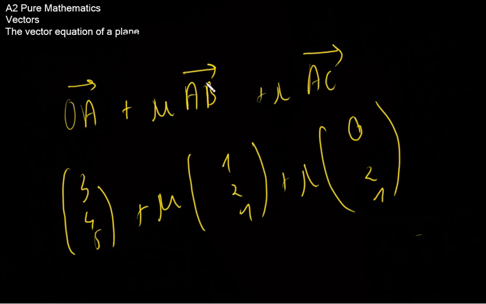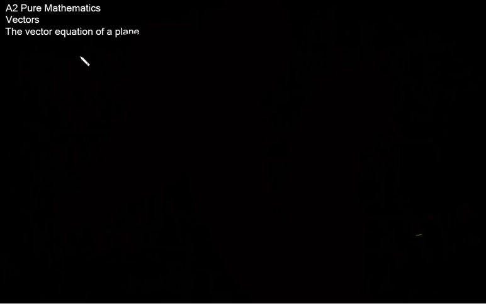Now let's talk about another representation of a plane. A plane can also be represented in the form ax plus by plus cz equals d, where a, b, c, d are constants. So how do you do this?